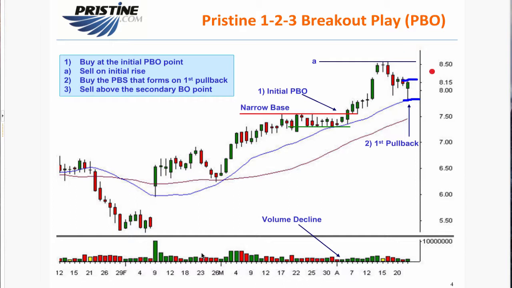Whereas if you take a full stop, it's a full stop. So you really need to be aware of how you're managing positions, because that can be the difference in making money or not making money.